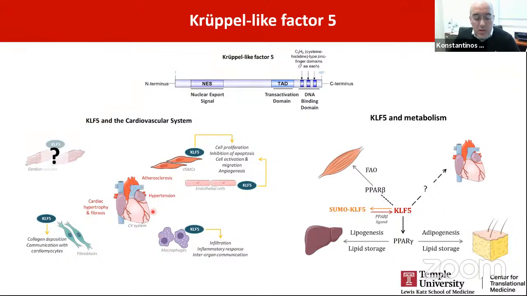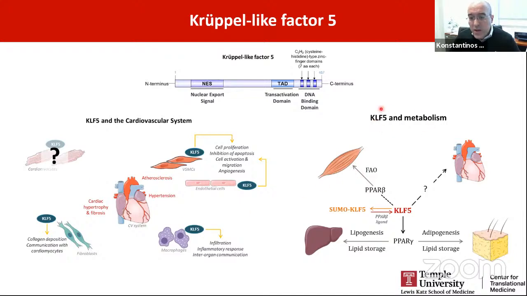Also, there were a couple of studies associating KLF5 with macrophages and NF-kappa B signaling, and there was a group in Japan, the group of Ryozo Nagai, who is the guru of KLF5 biology, who demonstrated the importance of KLF5 for fibroblast biology, but there was not much about cardiomyocytes.